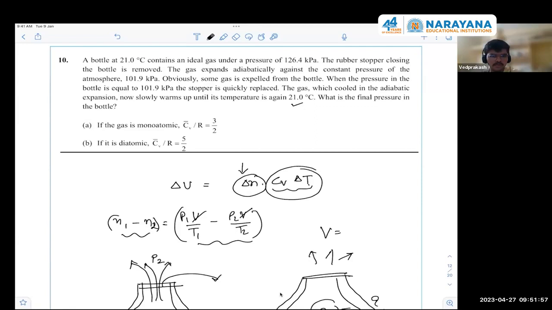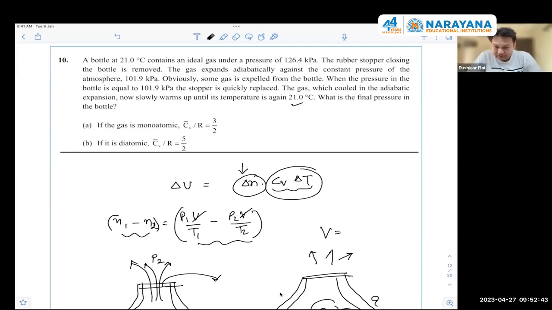So how can we calculate work here in the first part? Using your hypothetical thinking: suppose the gas is coming out, you just make an imaginary boundary around that gas. That gas keeps on expanding. Isn't it, Ved? I think I should not be telling you a solution. Can we calculate the temperature after the stopper is removed?